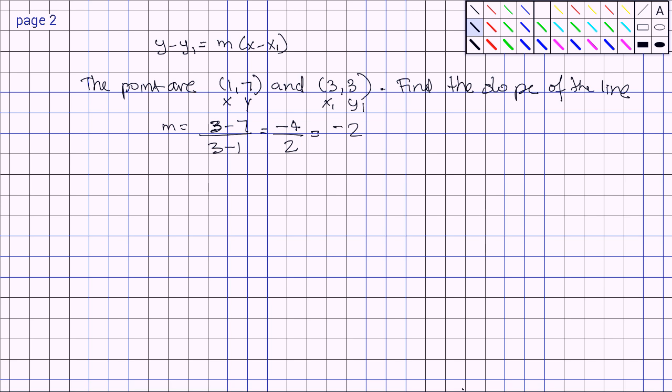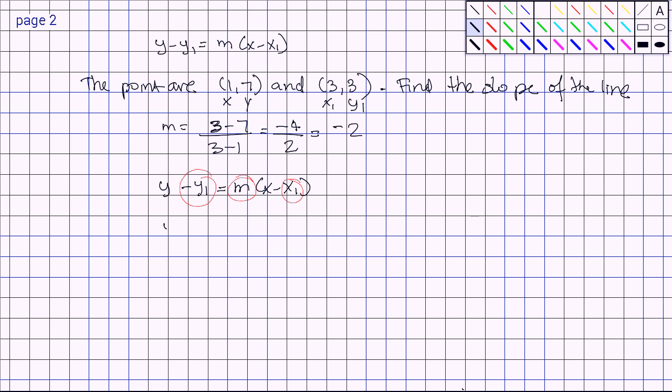Now that you have slope equal to negative 2, we are going to use the point-slope form to come up with the slope-intercept form. So recall that we have y minus y1 equals m times x minus x1. I am going to substitute for y1, x1 and m.